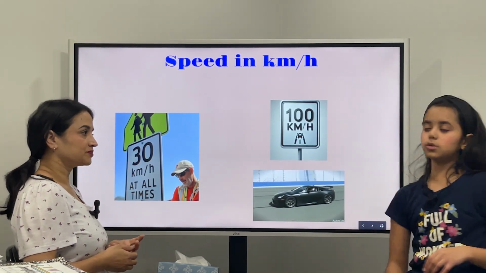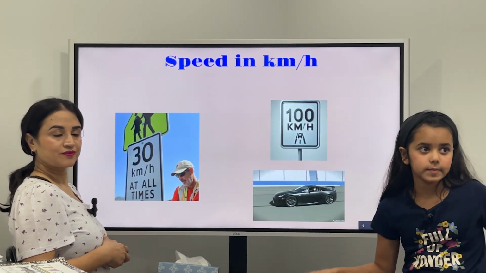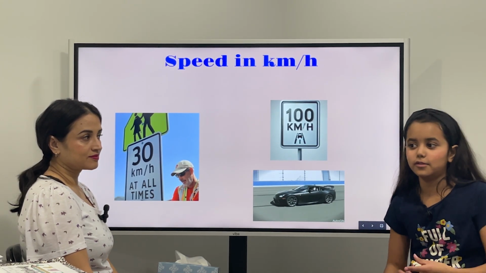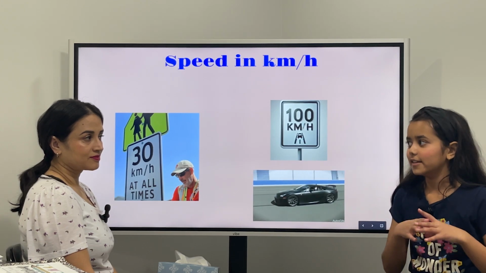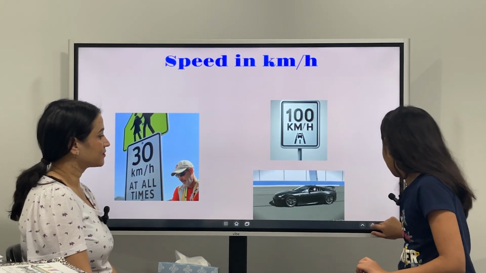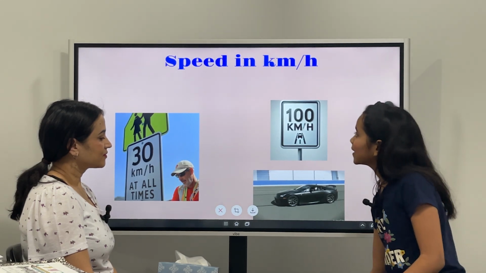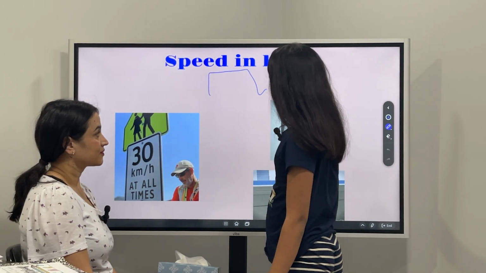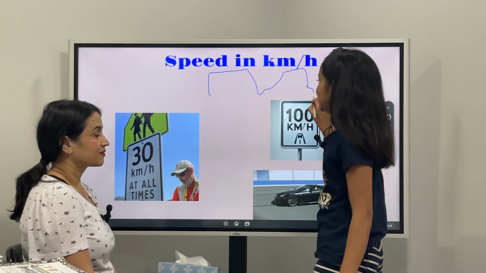And do you notice this 30? So in the school zone, at all times, I have two types of school zone. There's one online school zone, then a school zone. So a school zone is like, I'll just draw my school, though that's not even close to my school.